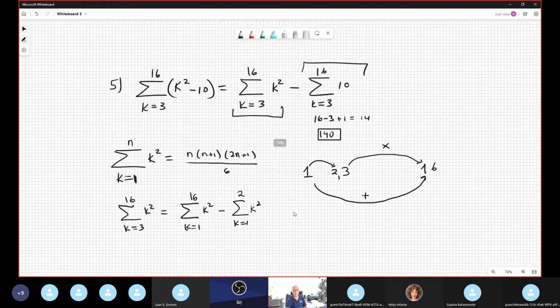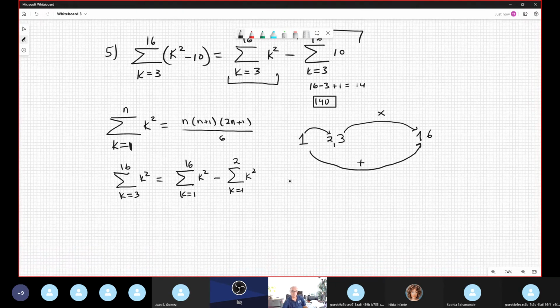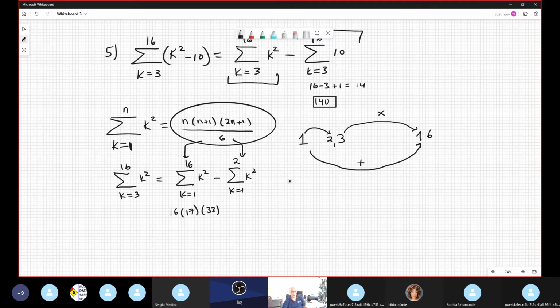So using the formula, here and here, basically 16 times 17 times 33. Why 33? 2 times 16 is 32 plus 1, 33. Divided by 6. Minus something. Minus 2 times 3.